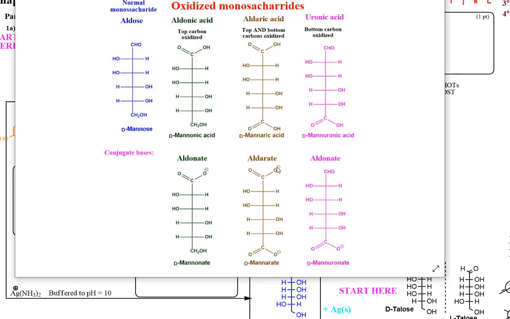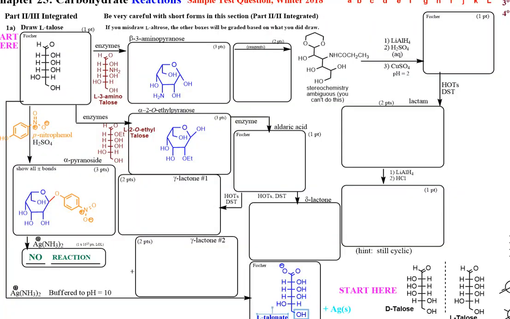Oh, I don't think I read that right. This oxidized the bottom as well. The one that oxidizes only the top, that's what we just did, is an aldonic acid. So if mannose makes mannonate or mannonic acid depending on the pH, then talose is going to make talonate. And there you have it.